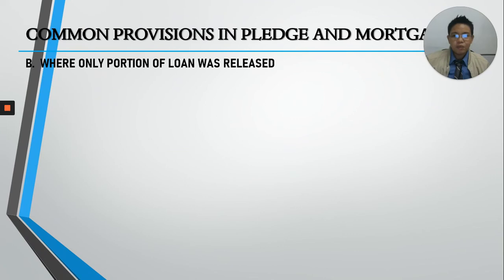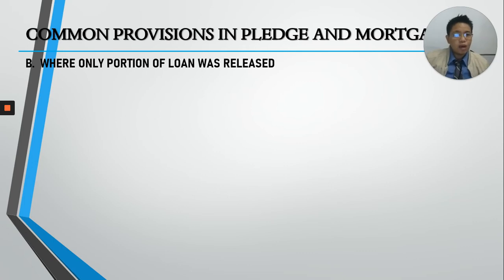So what else? Where only a portion of the loan was released, the example in your book is on point. The debtor owes the creditor a certain amount, let us say 1 million pesos. So this 1 million pesos is secured by a mortgage on a parcel of land with an area of 200 square meters. So anyway, yung creditor releases only a portion of 500,000.